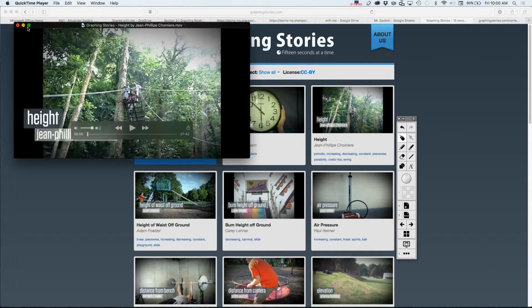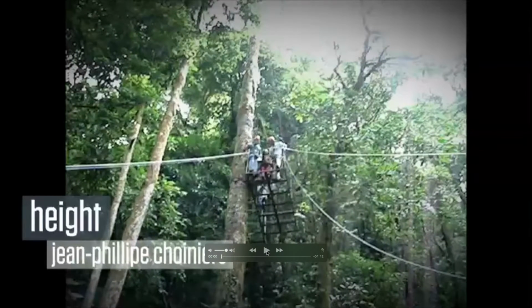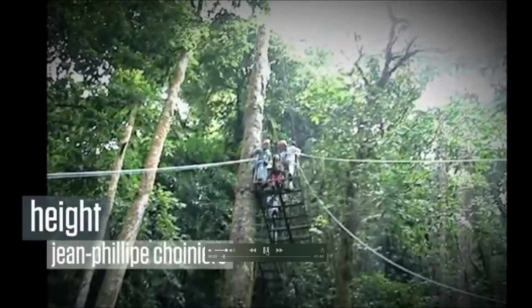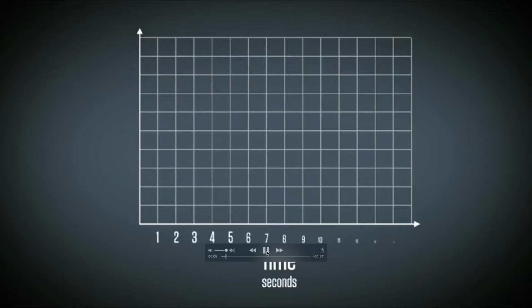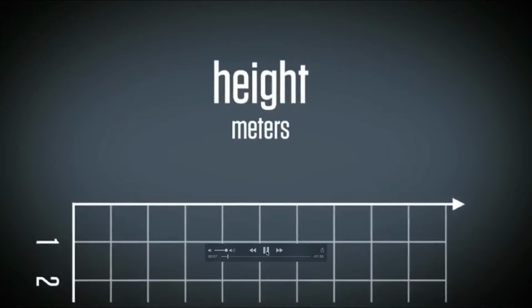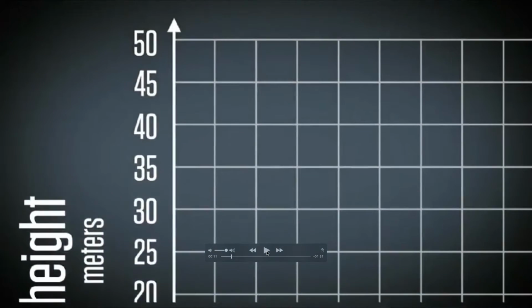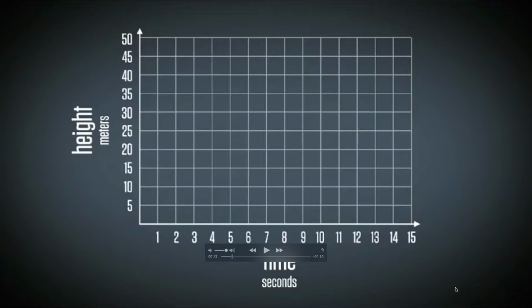Height this way. Everyone ready? I'm going to play it after you copy the labels. I'm going to play it all the way through one time so you can finish that and start your weekend. Okay, copy the labels, time and height. Do it for your guess and do it for your answer.